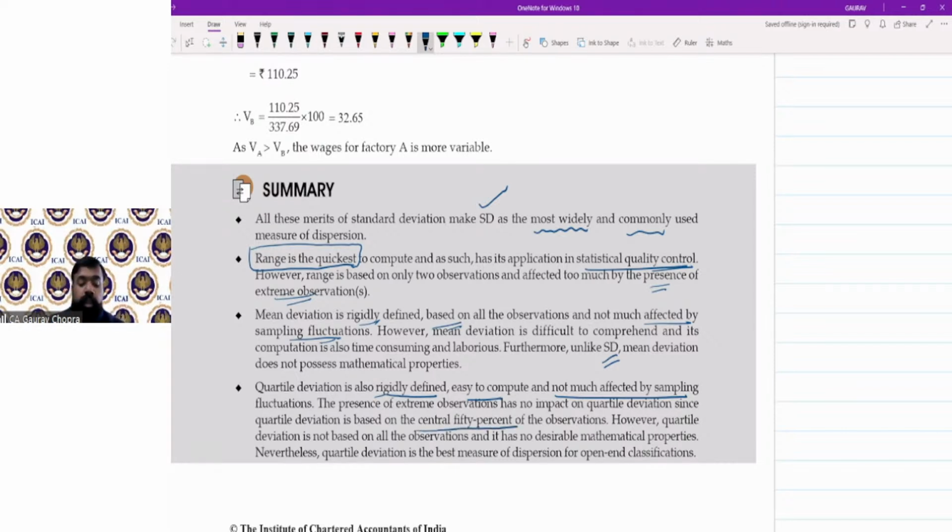Therefore, extreme observations will not affect quartile deviation. But it is not based on all the observations, so it does not have the desirable mathematical properties. But this is best only for open-ended classification. When the class interval is open, then we can say that this is the better measure of dispersion.